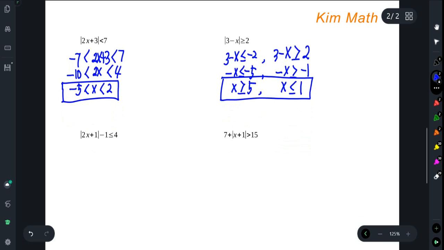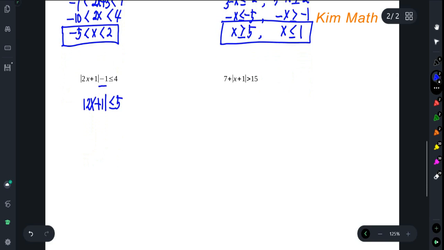Okay, next question. First, please note that we must handle this part first before eliminating the absolute sign. So I will add 1, then you have absolute value of 2x plus 1 is less than 5 after you add 1. Now absolute value of something is less than a positive number, then you can copy the expression without the absolute sign.